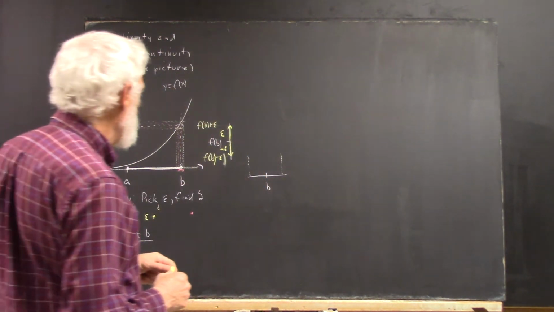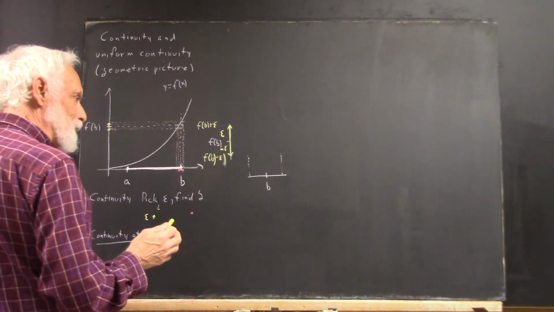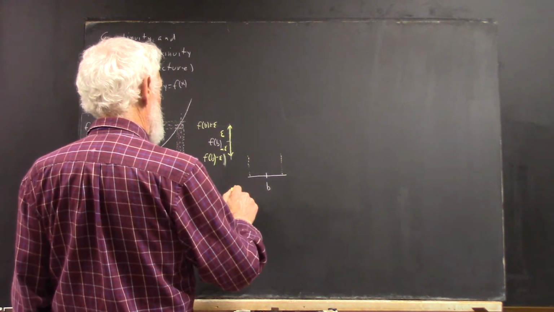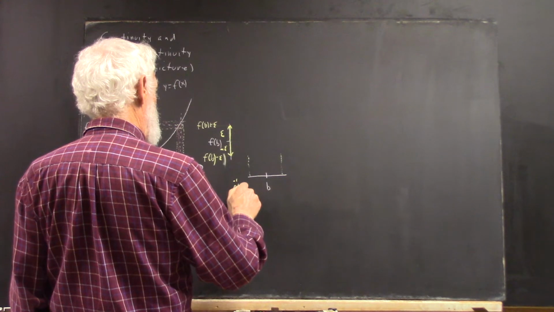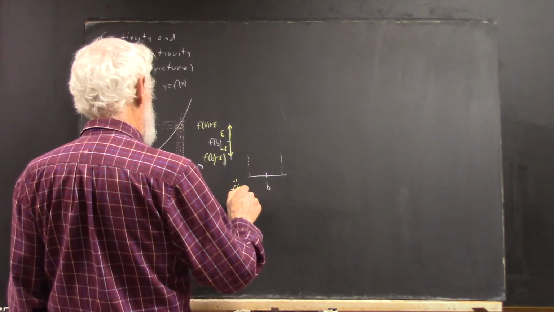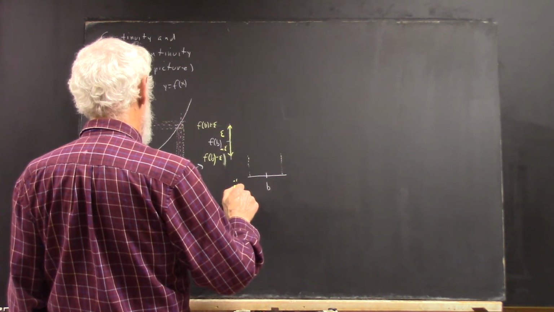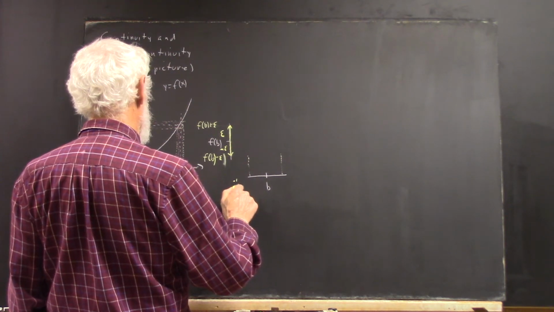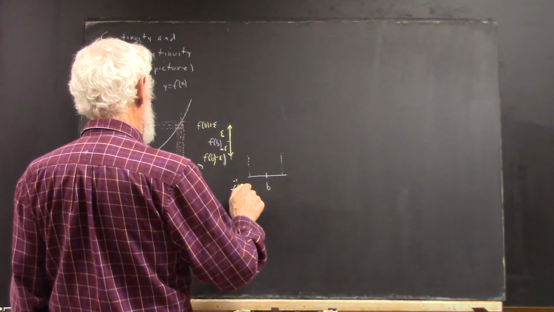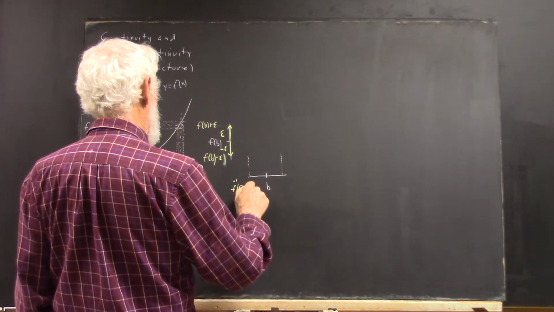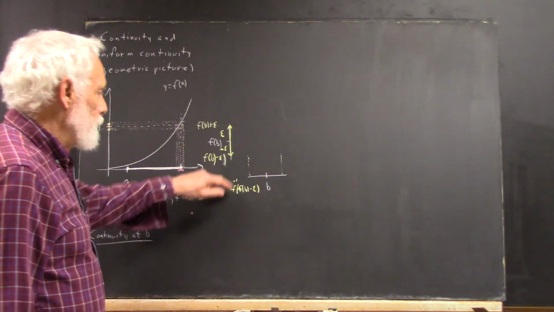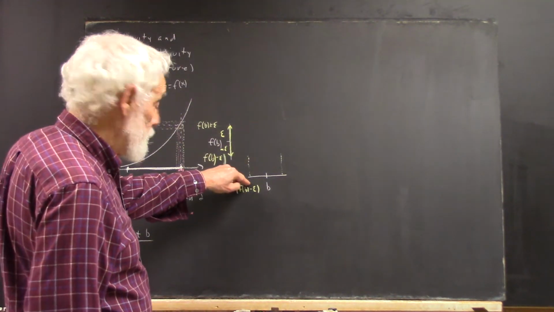Okay, so I could say that in a sense this is a one-to-one function. This is like f inverse of f of b minus epsilon.